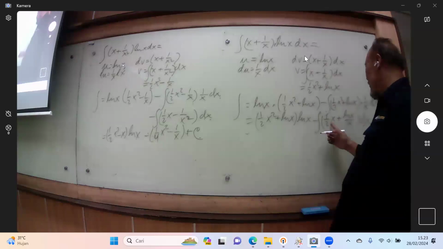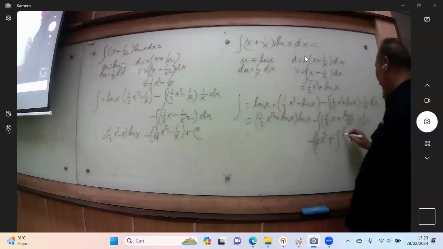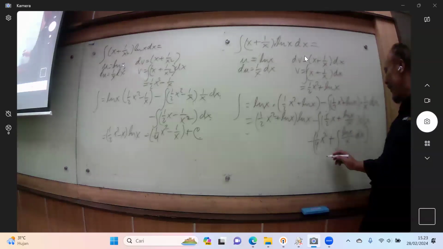Now this one is 1 divided by x squared plus, now what is the integral of ln x divided by x dx? We don't use integral by parts, but we can use substitution. What is substitution? If u is ln x, then du is 1 divided by x dx.